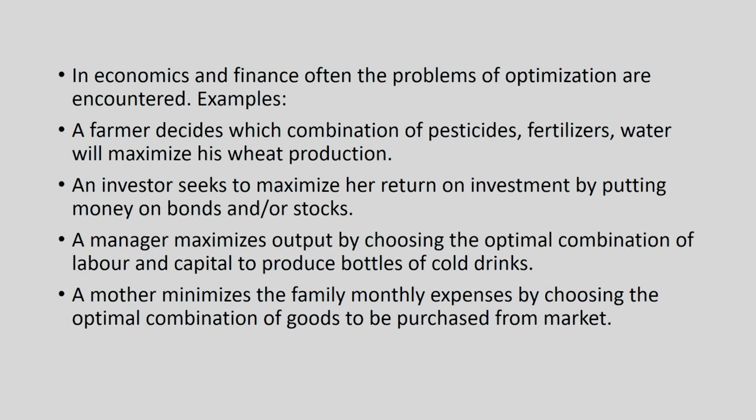So the manager wants to maximize the output, let us suppose. Then what is the amount of labor and what is the amount of capital that he can use to maximize the output? Here it is possible that he has a fixed amount of money, so he cannot spend more than that. So what is the combination and what are the amounts of labor and capital that he needs to apply?